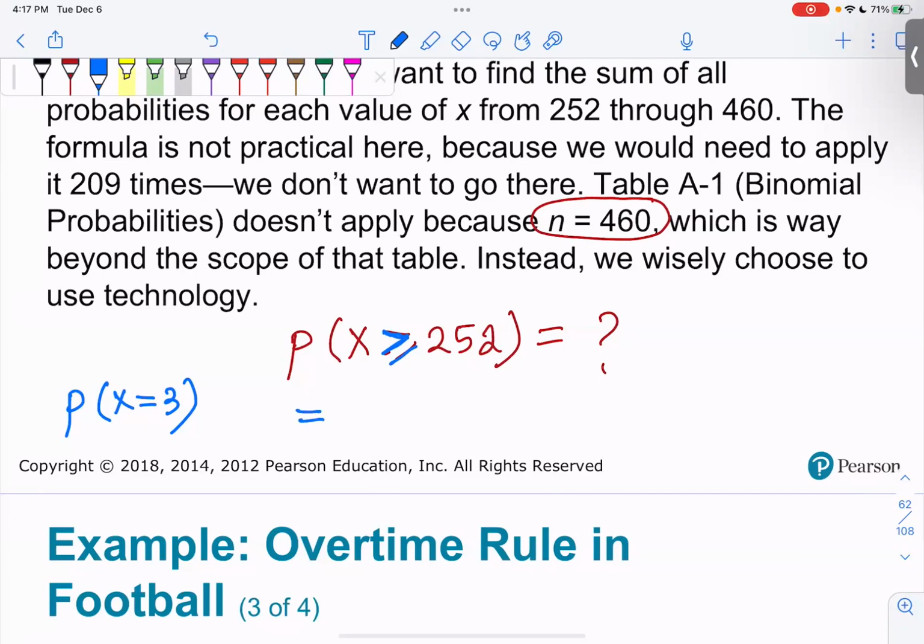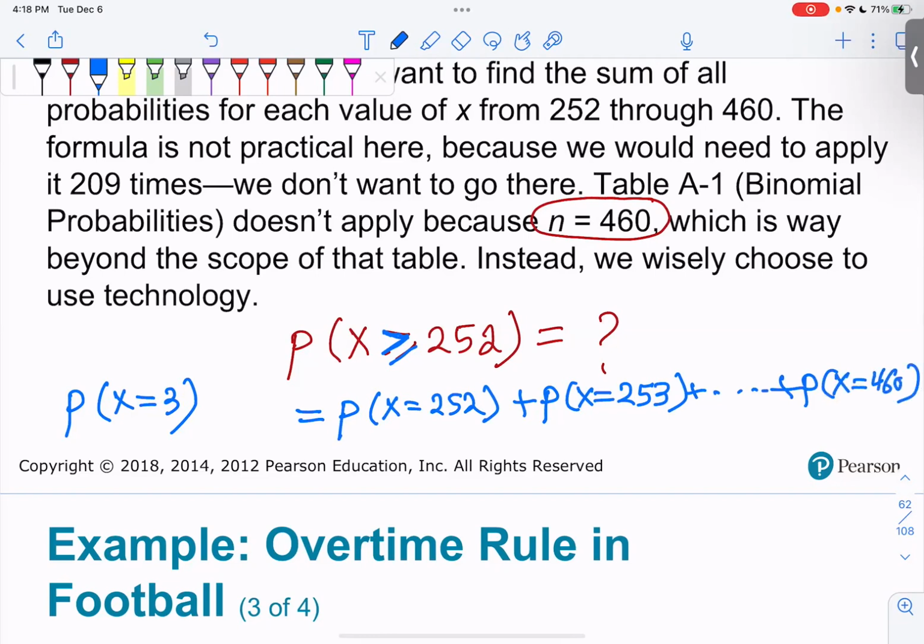That means we have to find the probability of x equal to 252 plus the probability of x equal to 253 plus all the way to the probability of x equal to 460, which is no way we can do manually, right?